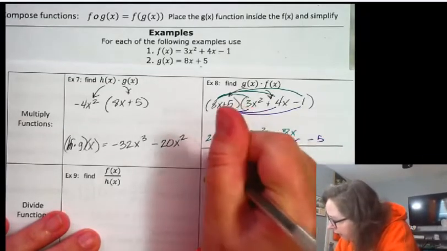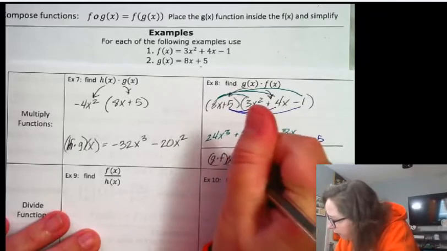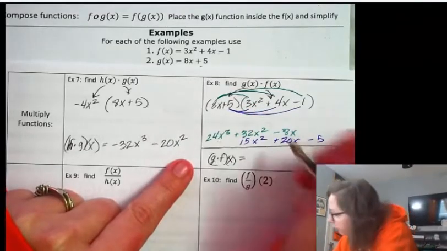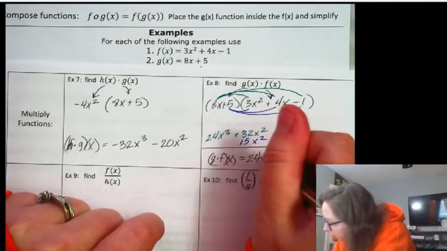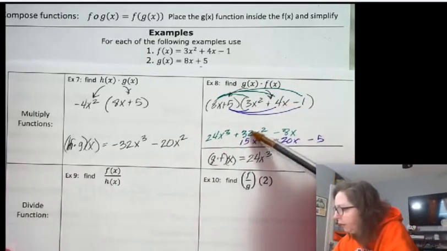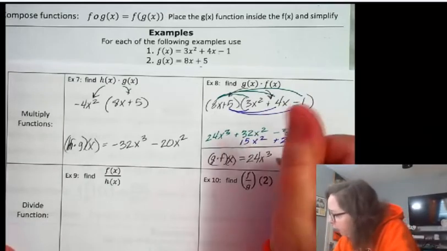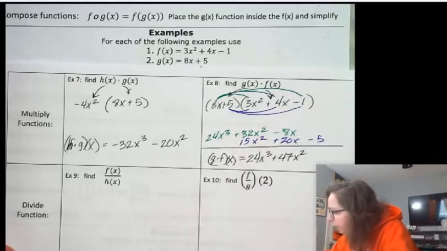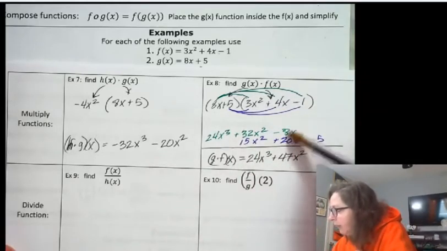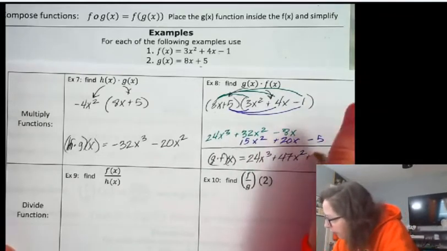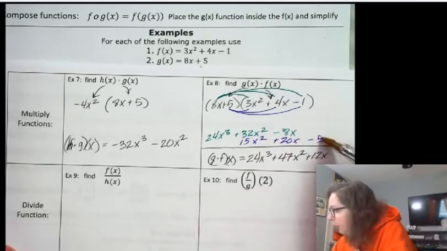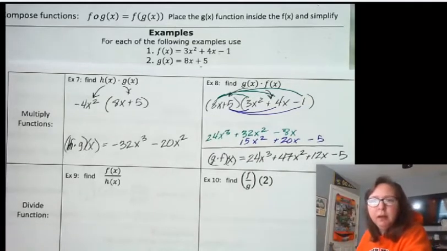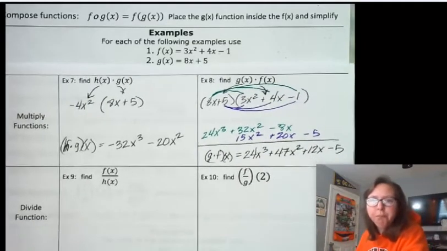G times f of x is going to equal 24x cubed. Combine 32 and 15, and I'll get 47, and that's positive, x squared. 20x and negative 8x will give me 12x, and then bring down the minus 5. And that's it. I am done with that example.